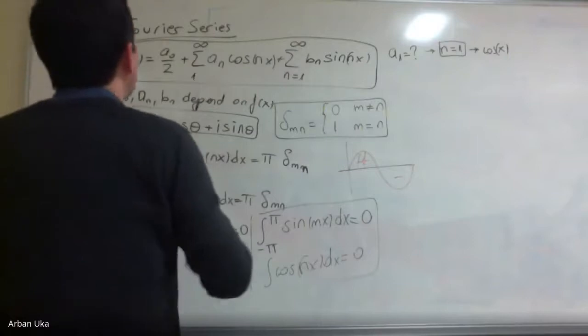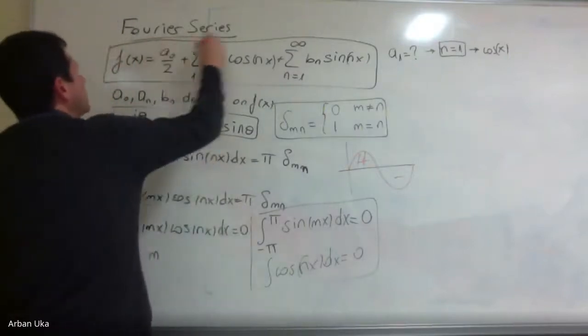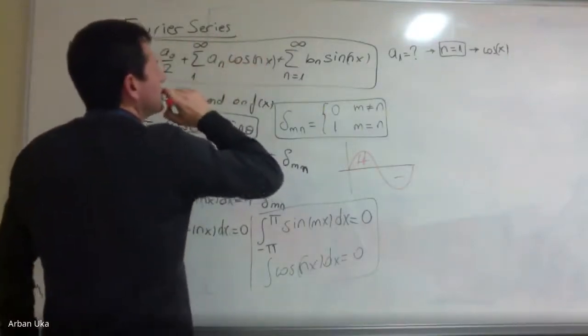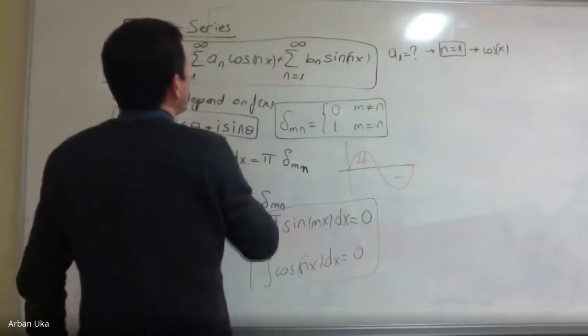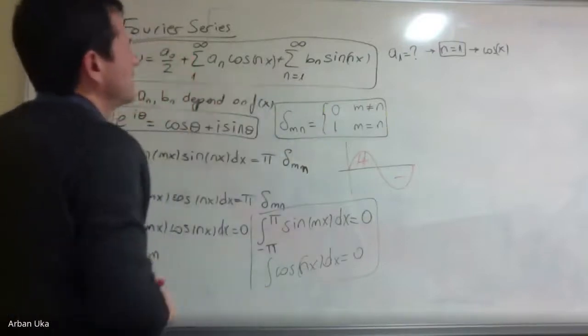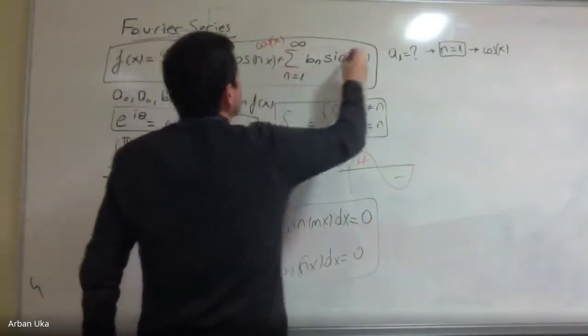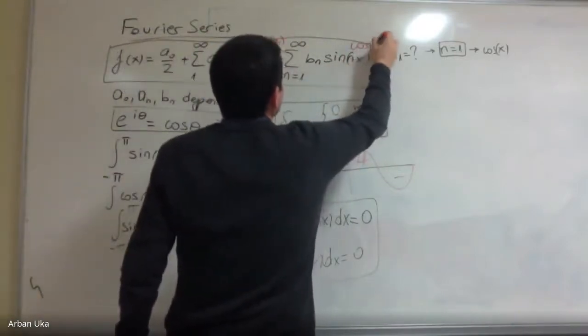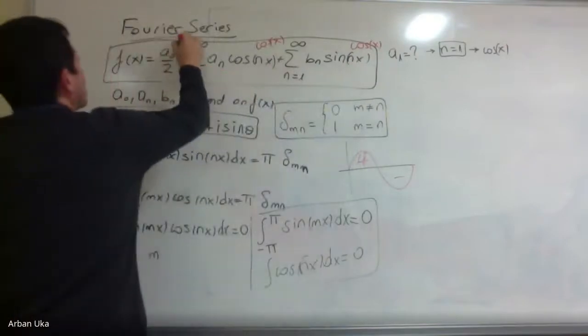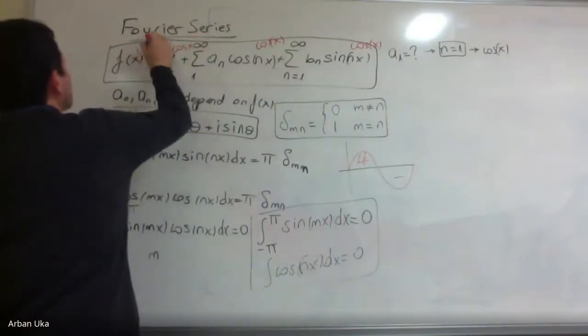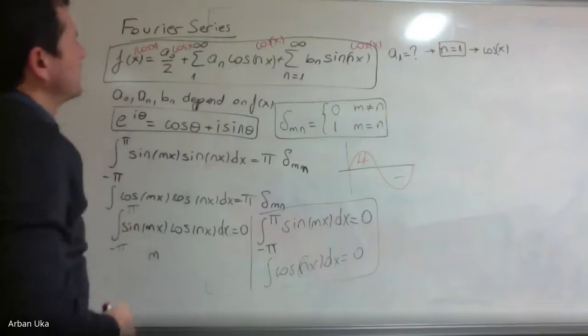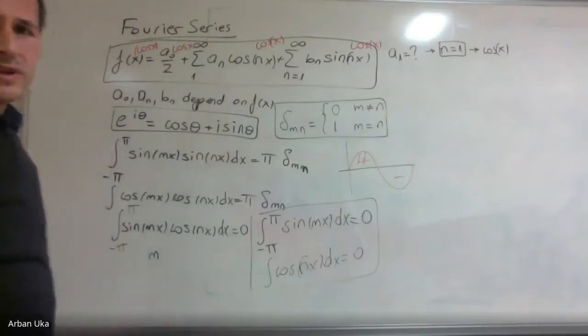Then we can multiply everywhere with another function, which is cosine x. We can multiply here also with cosine x, and here with cosine x, and this way we can integrate all of these expressions.